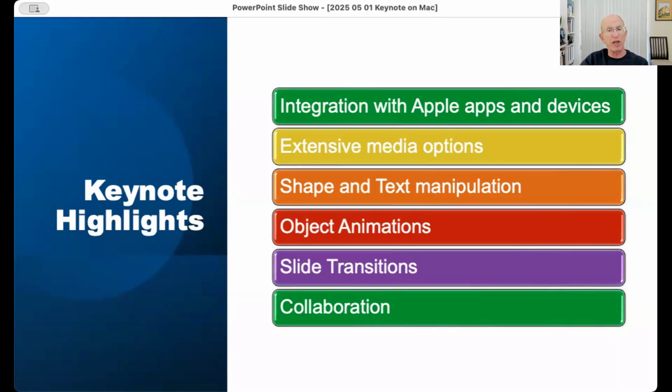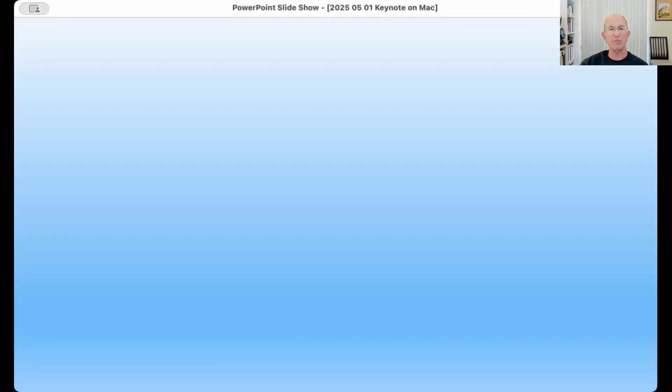If they have an Apple account, they can collaborate through iCloud.com, but it does give you the ability to share a presentation, have people add to it, edit it, and modify it if you're ever in a situation where you want to collaborate on a presentation with somebody like that.